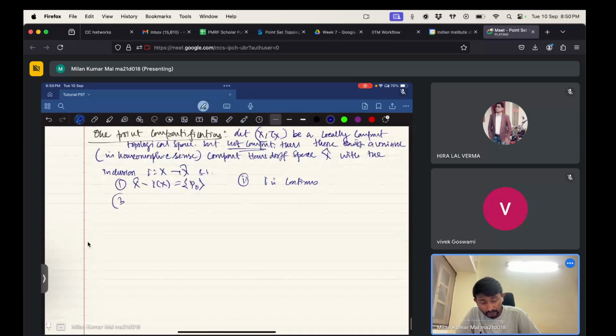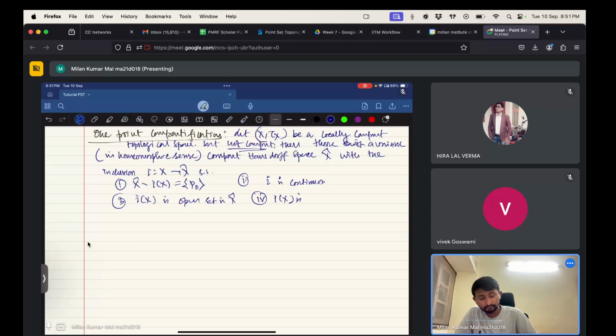Third fact, I of X is an open set in X cap, and fourth fact, I of X is dense in X cap. So what did we get? Suppose I have a locally compact topological space.